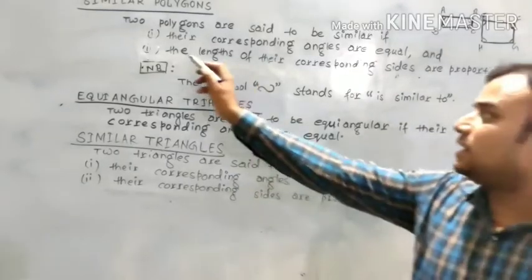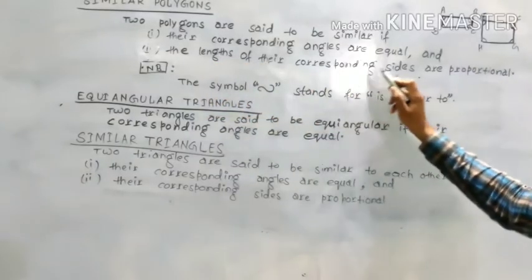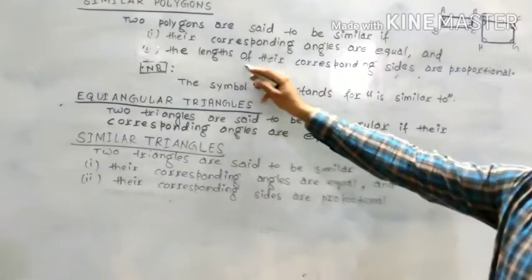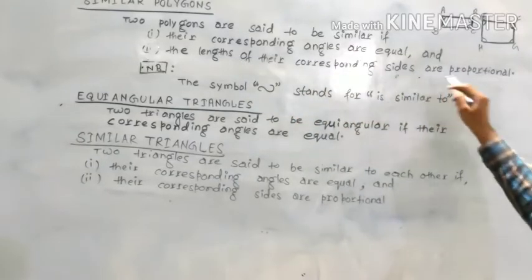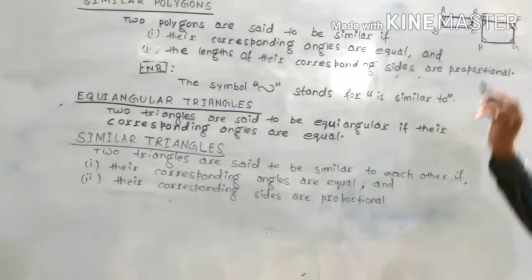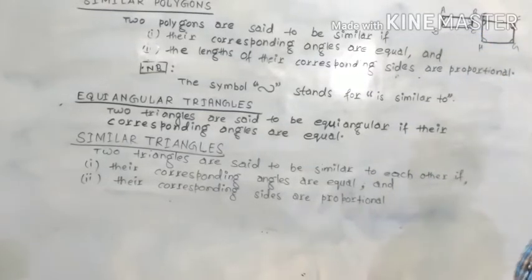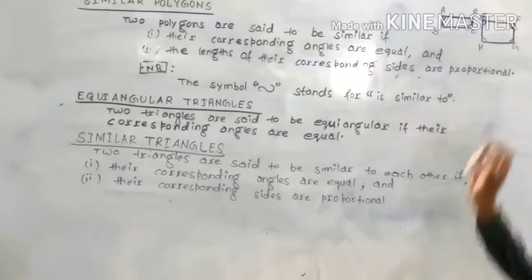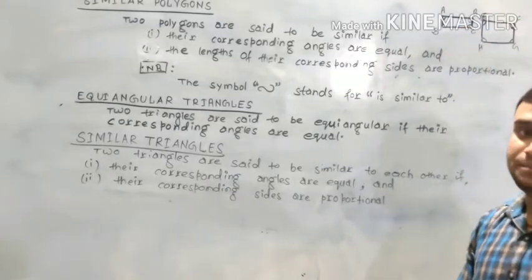And the second point, the lengths of their corresponding sides are proportional. Dear student, you know what corresponding sides are, and proportional means their ratios are equal.